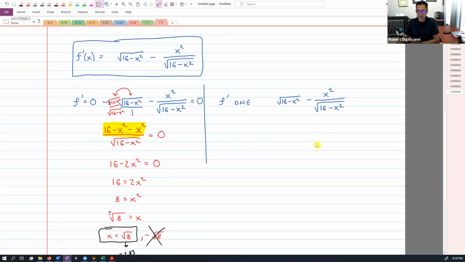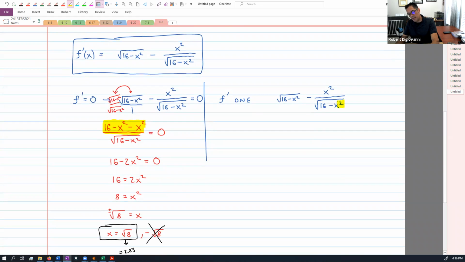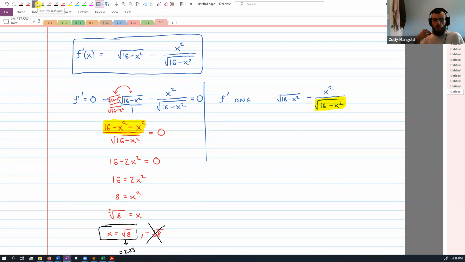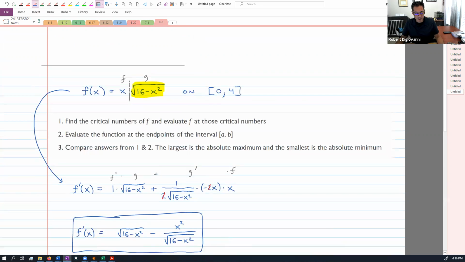But when you get to here, look, this is in the denominator. Can't have a 0 there. We have to stay within this interval.